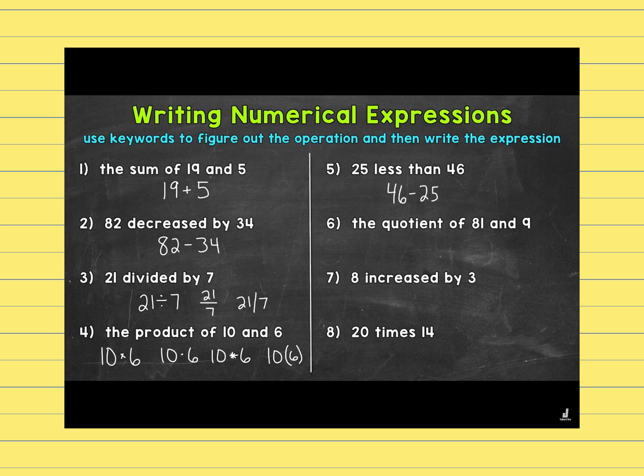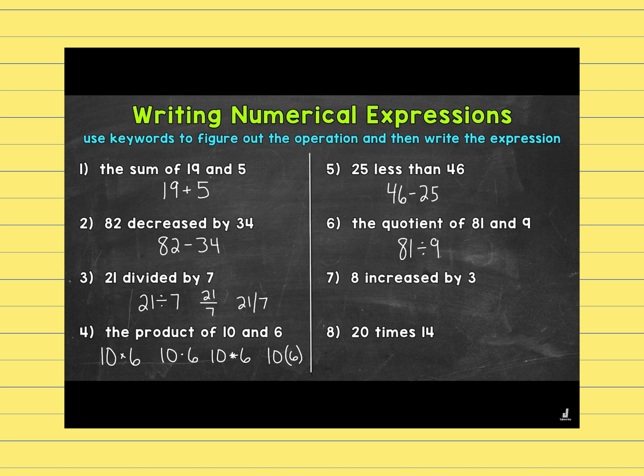So when you see that less than, we flip the order there. On to number 6, where we have the quotient of 81 and 9. Quotient is our keyword, and it means the answer to a division problem. So we have 81 divided by 9 for our numerical expression for number 6.